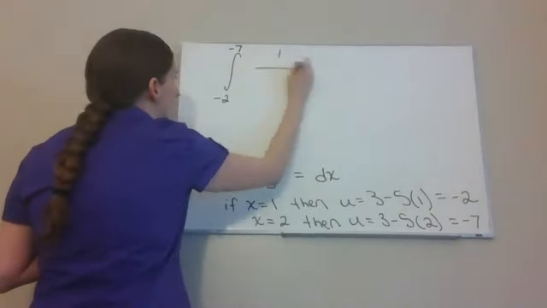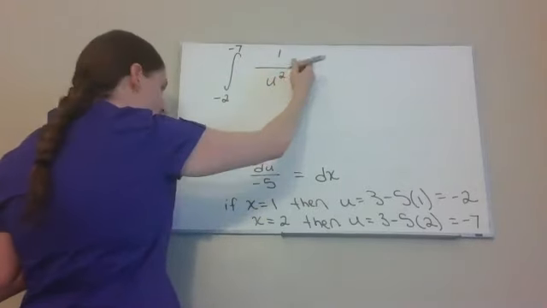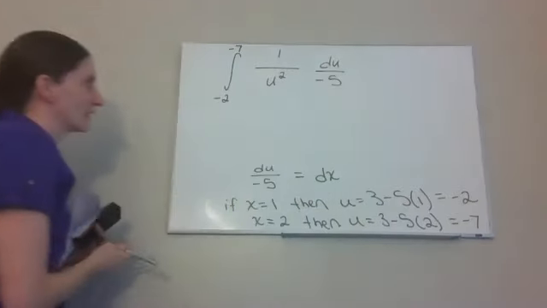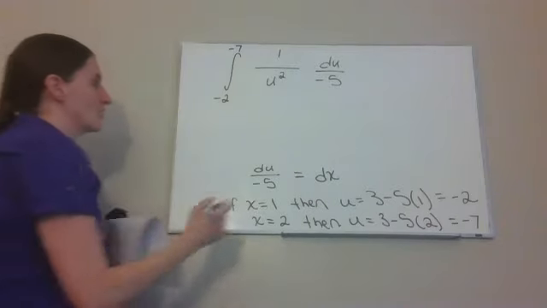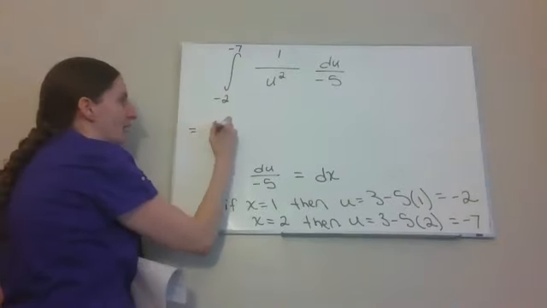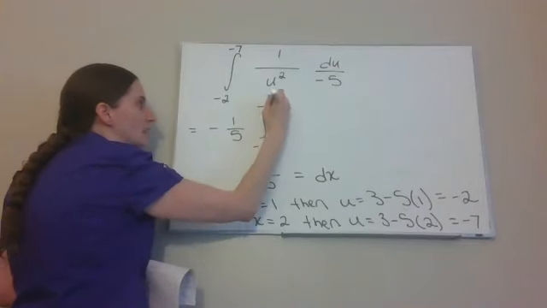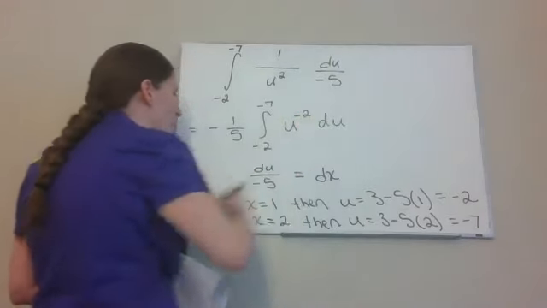I had 1 over my u squared, and then my dx was equal to du over -5. So now everything has all u's in it. To finish solving this, I'm going to pull my constant out in the front. And I'm going to rewrite that as a u to the -2 power.